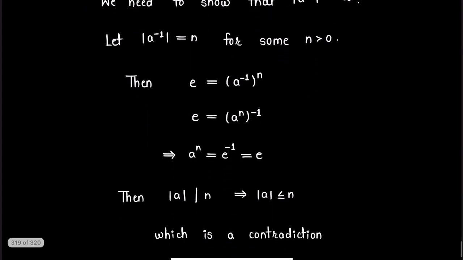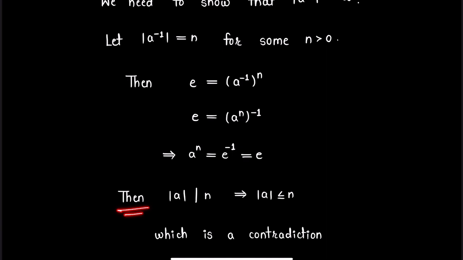Then e, that is the identity, will be equal to (a inverse)^n. Since we have considered the order of a inverse is n, again this can be written as e equals (a^n) inverse. So we get a^n is equal to e inverse, that is, a^n is equal to e, since e inverse will be e.